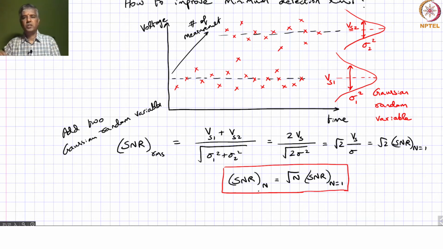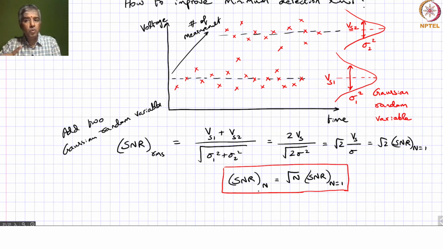The signal to noise ratio improvement with respect to one measurement is root of n. So, if you do, for example, 1000, or 100, let's say it's an easier number. If you do 100 such measurements, then you get an improvement in signal to noise ratio by a factor of 10. So, it's quite useful there.